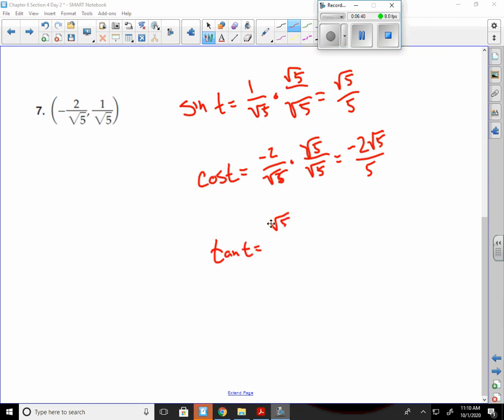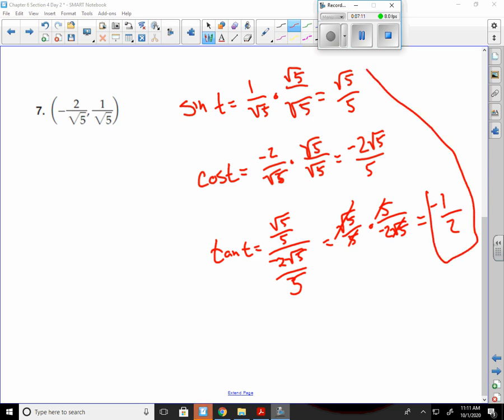So it's root 5 over 5 over negative 2 root 5 over 5. Flip the bottom one, leave the top the same. My root 5s will cancel. My 5s will cancel. I'm left with negative 1/2. And those are my final answers.